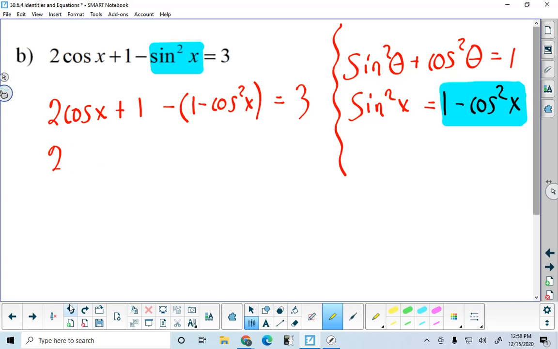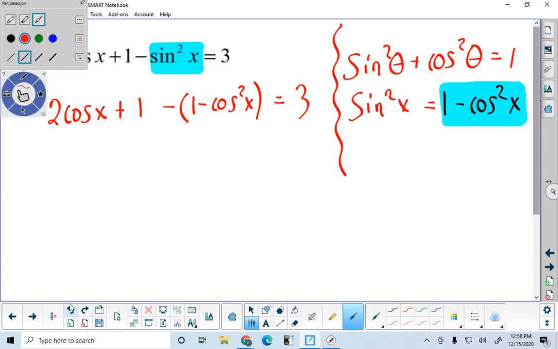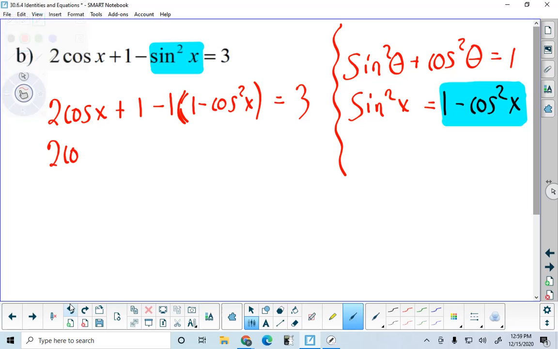Another way to look at that is if you put a 1 in front of the brackets here, it's minus 1 multiplied by what's inside. So you get 2 cos x plus 1 minus 1 plus cos squared of x equals 3.